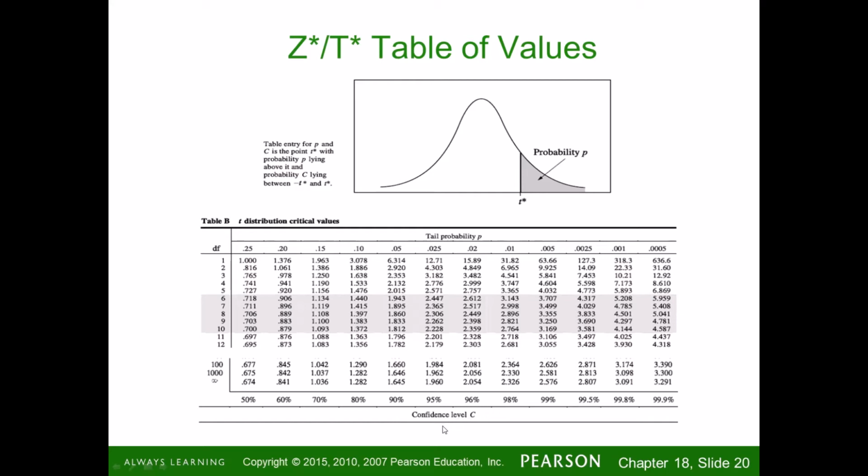Okay, so the way that you read it is, if you're doing a confidence interval that's 90%, go to 90% and read straight up, and that's your Z star number, 1.645, the number immediately above the confidence level. So 95%, there's your 1.96, 99%, 2.576, remember I told you that one?